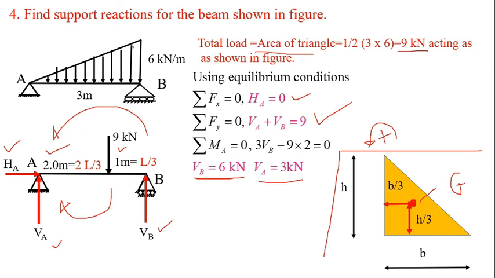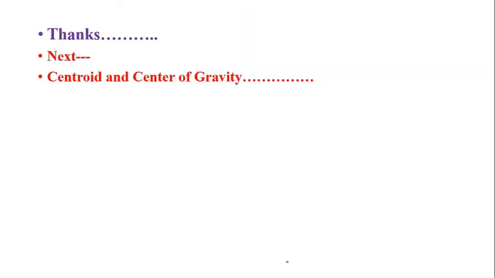We are using the longer side as 6 kilonewton, and from the longer side b by 3. So instead of b we are using L by 3. L by 3 means 3 by 3, 1 meter. In this way support reactions can be obtained using conditions of equilibrium.